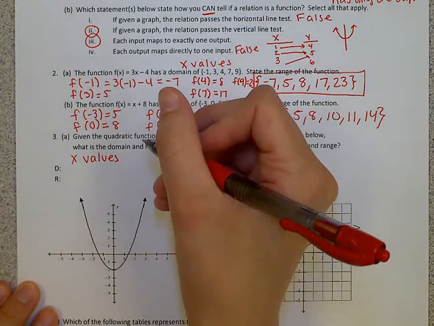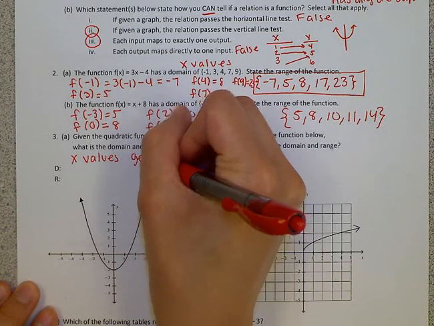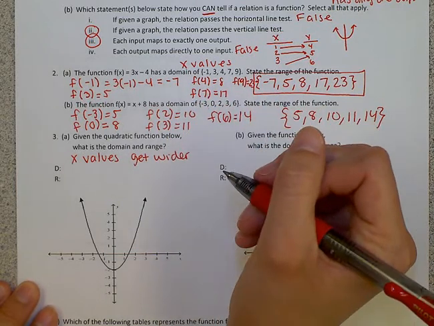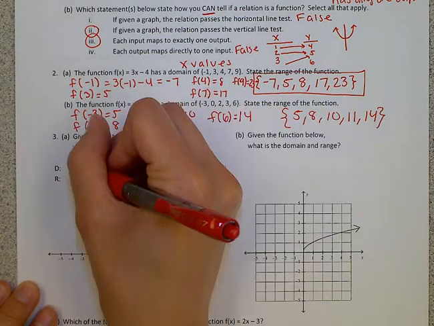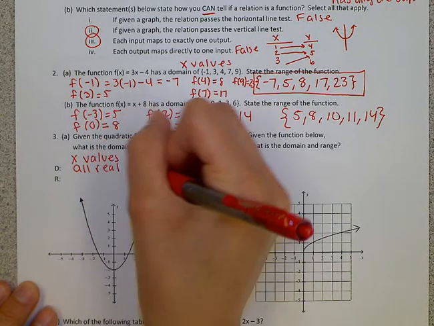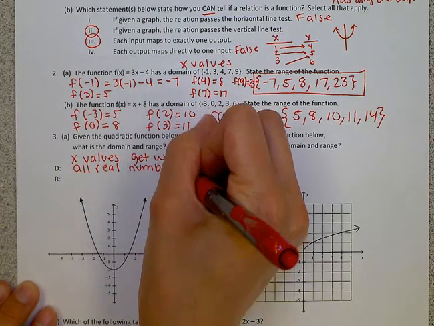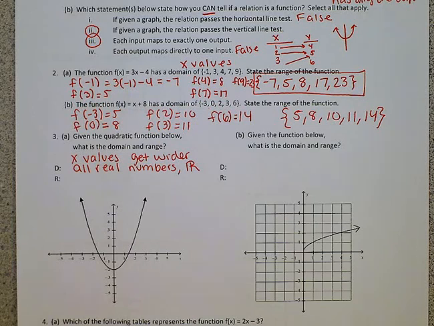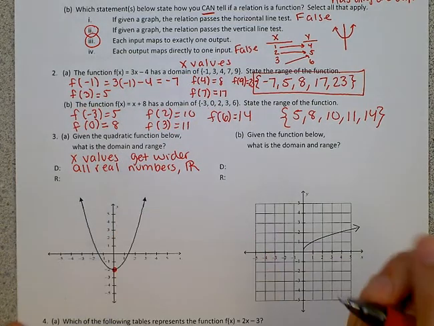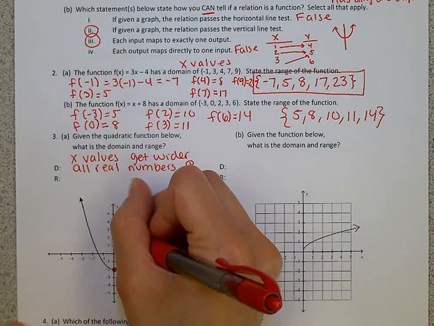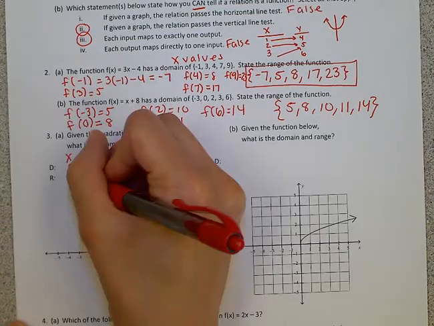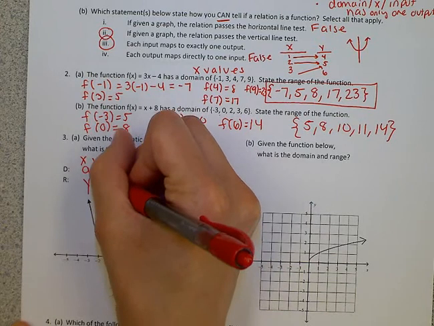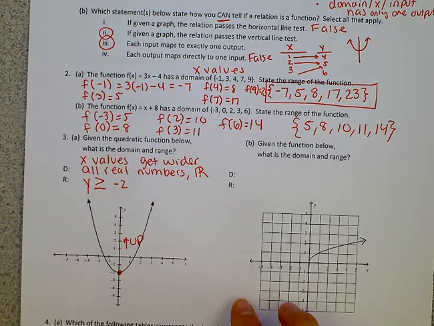Your x values get wider without stopping, so that tells us that the domain will be all real numbers, or you can use the symbol for all real numbers. The range, though, starts here at -2 and goes up. That means your y starts at -2, so that's why we have it as greater than or equal to -2, because it keeps getting bigger.